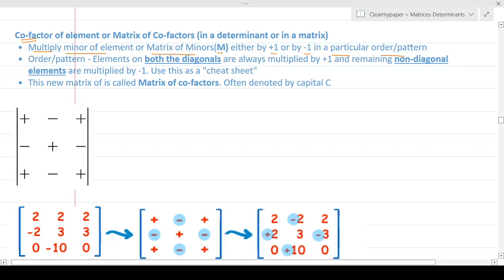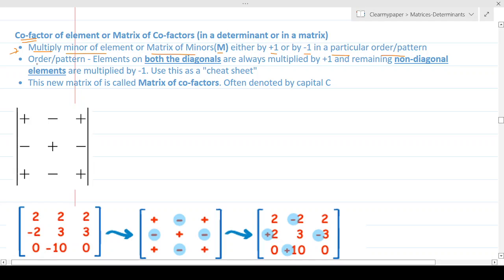Whatever net result you get is either the cofactor of an element or the matrix of cofactors, depending on whether you start with one element or the whole matrix of minors. Now let's break this down. What do you mean by multiplying by plus 1 or minus 1, and in a particular pattern? What are we talking about?